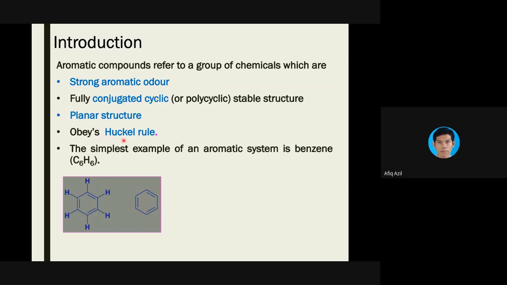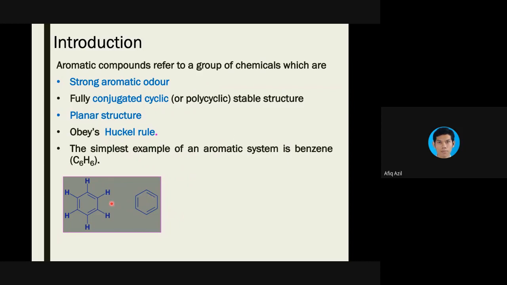And it must obey Hückel's rule, which we'll see later. What is Hückel's rule? This is very important. The simplest example of an aromatic system is benzene, which we will use throughout the whole unit.